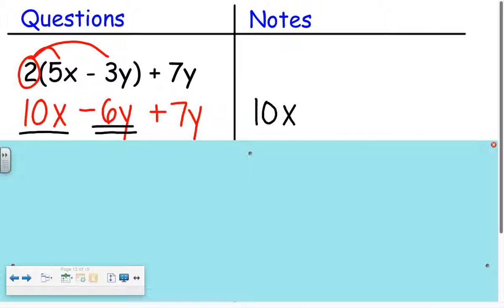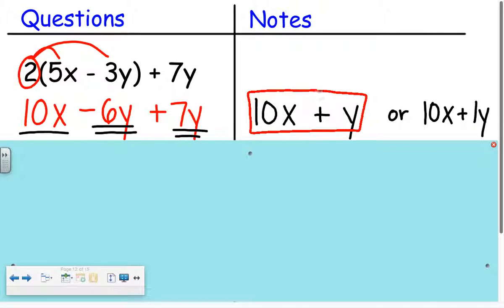Negative 6y and 7y make positive 1y. Now remember, you can either write that as plus y, or you can write it as 10x plus 1y. Technically, either of them are right, but this is the way that you would see your book write it. You won't see them put a 1 in front of the variable, but they are the same thing.